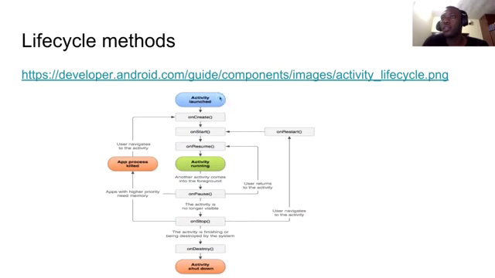Then for the oval shapes, we have the different states, which are represented as activity launched, app process killed, activity shut down, and the other state is activity running.